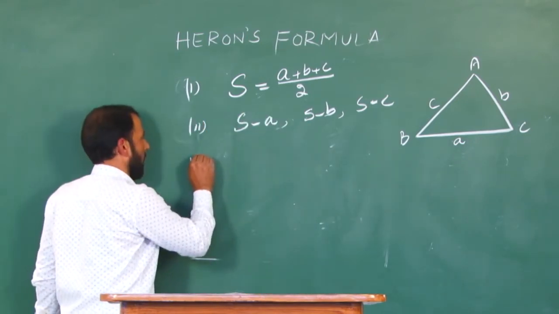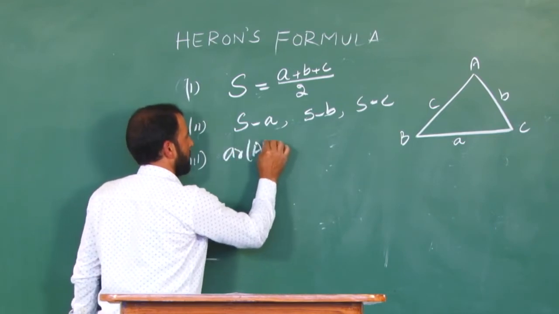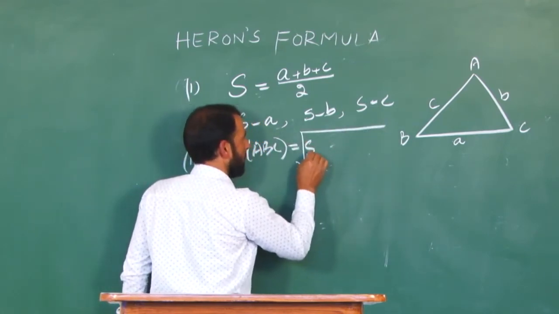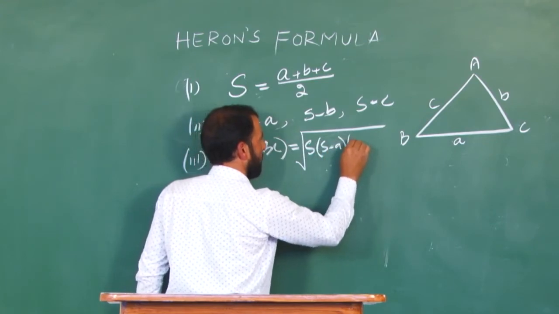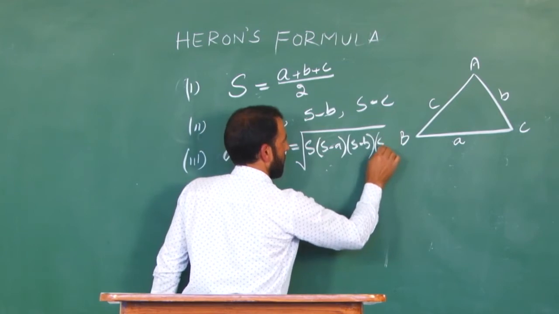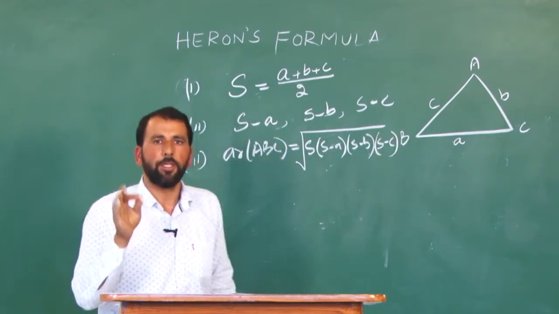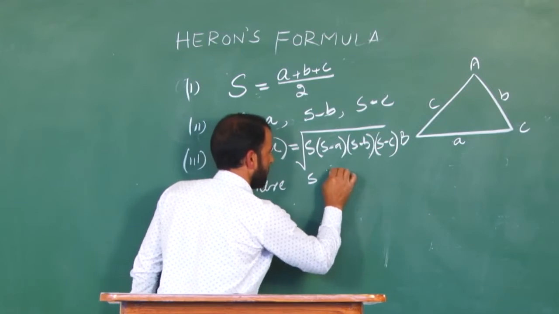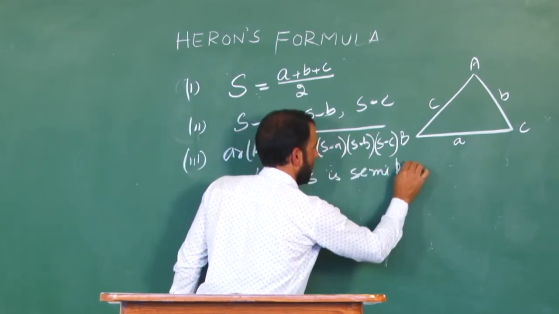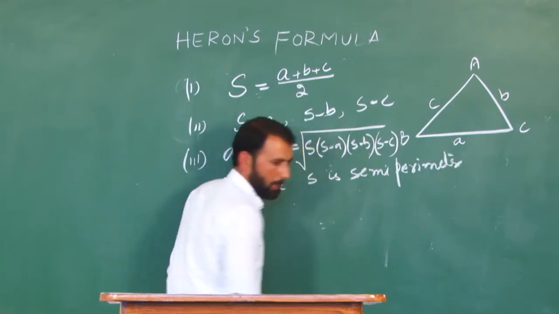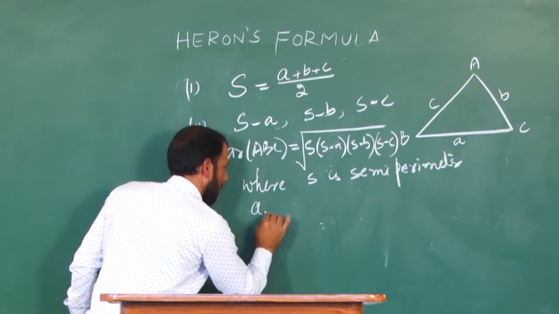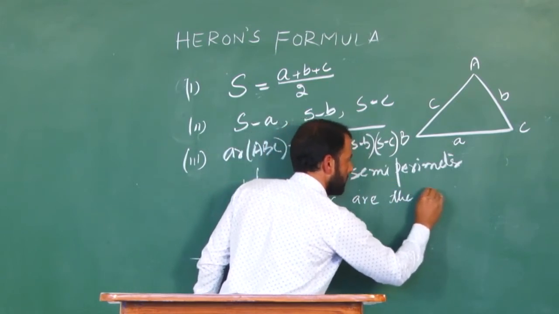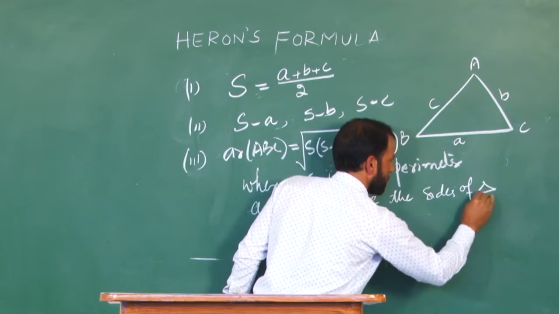That is, third, the area of triangle ABC, by using Heron's formula, is the square root of s into s minus a into s minus b into s minus c, where s is the semi-perimeter, and a, b and c are the sides of the triangle.